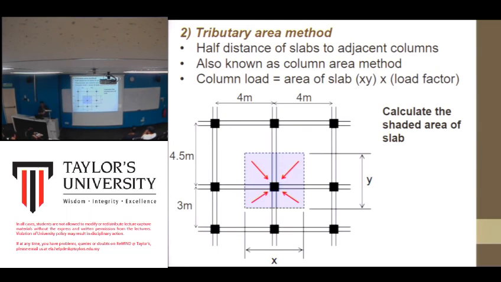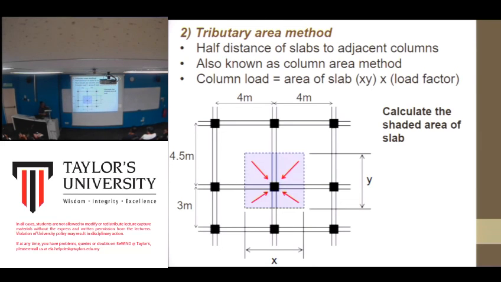Tributary area method is much simpler than the first method, where you don't have to calculate each reaction force from each beam connected to the column. You just calculate the area around the column. Half distance of slab to adjacent column, also known as column area method.